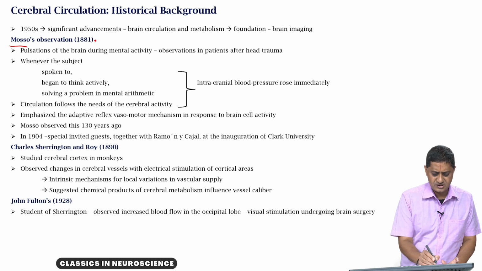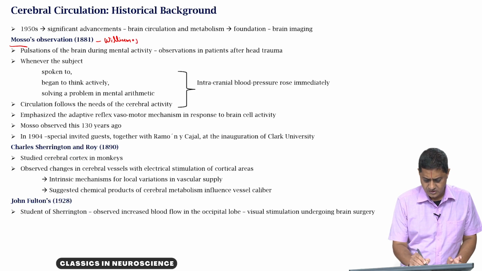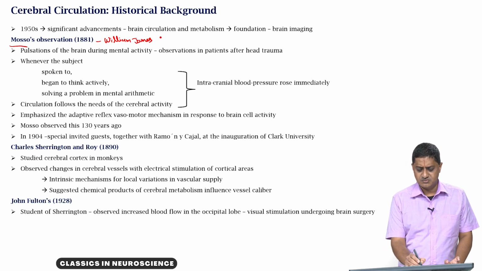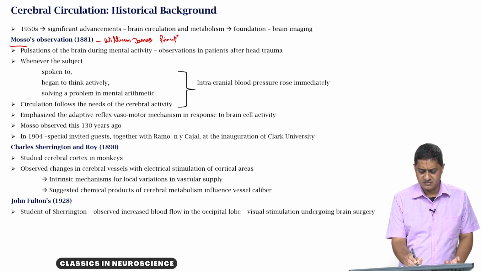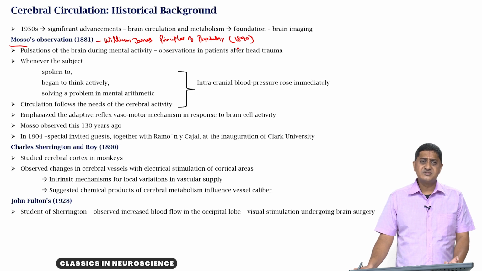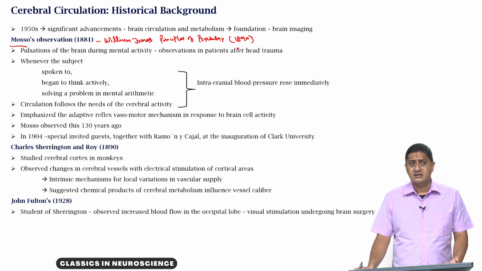This work is reported by William James in his book Principles of Psychology, a famous textbook at that time, in 1890, where he said that Mosso observed that during mental activity in patients who have had head trauma, there was increased pulsation, there was increased blood flow.